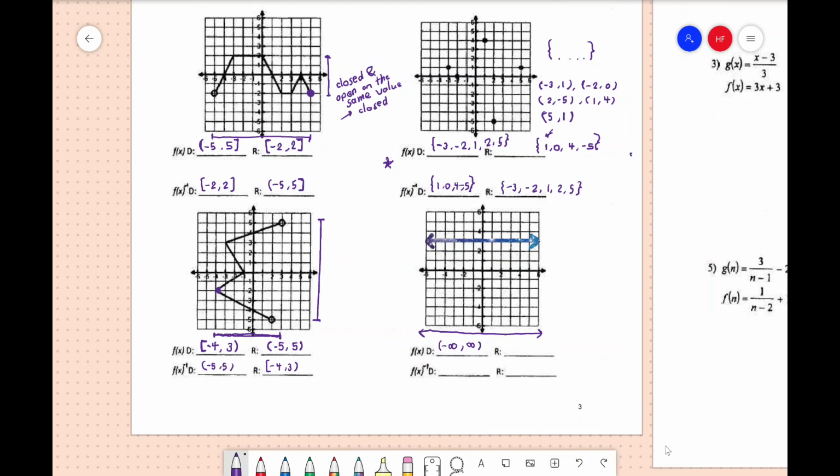My range is only one value. My range is y equals 3. So it's the set that only contains 3. So when I switch them, my domain would be the set that only contains 3, and my range would be negative infinity to positive infinity.